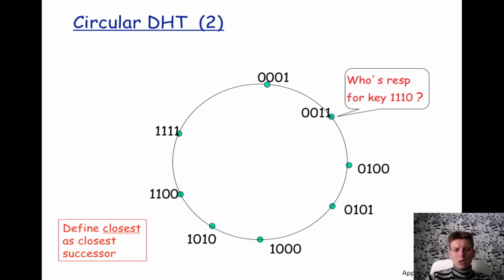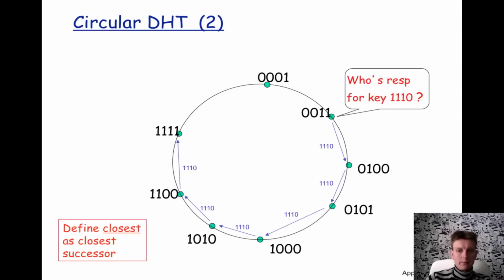Obviously node number 2 doesn't have this information, so it forwards the request to the next neighbor: do you have this information? No, I don't. So the request travels along the circle until it reaches peer number 15, which is responsible for this entry.